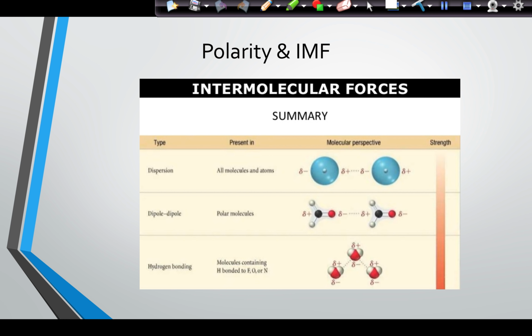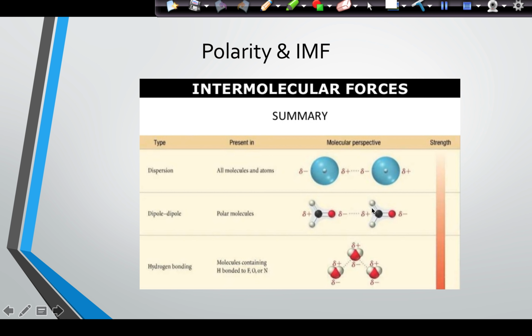When we talk about intermolecular forces of attraction, which is IMF, remember that dispersion forces are in all molecules and atoms and are the only type of intermolecular force when we have a nonpolar molecule.